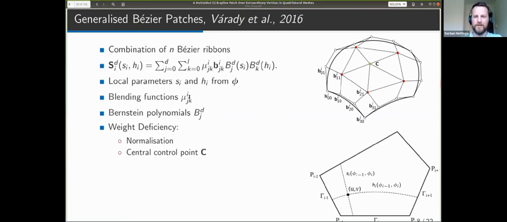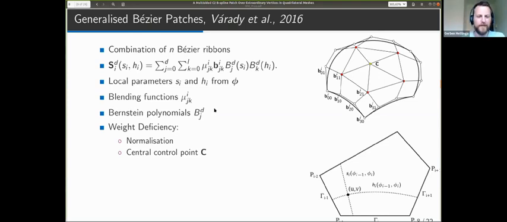And then there are also blending functions. So we have control points here, which are used in multiple ribbons. To hold the continuity conditions on the borders of the patches, these have to be adequately blended.